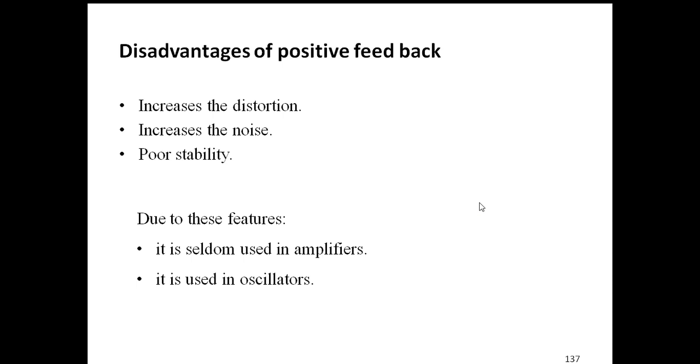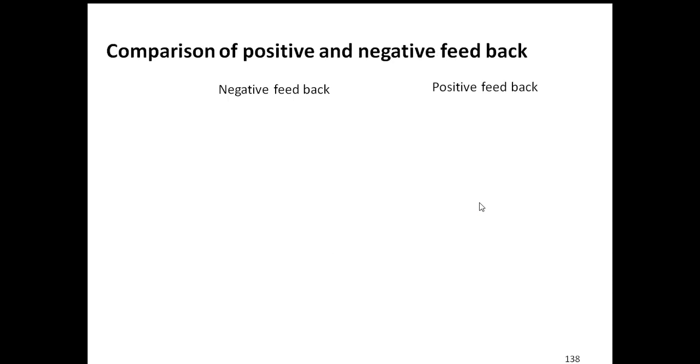This will increase, and it is a repeated process. Since it is repeated, the overall signal will increase, due to which this positive feedback network generates output signal without giving any input signal.